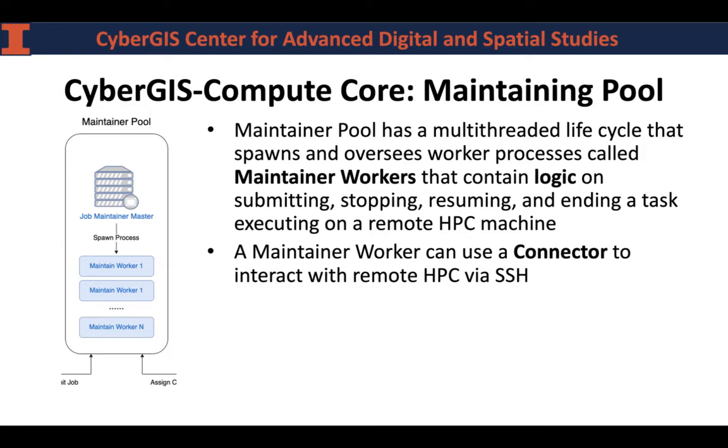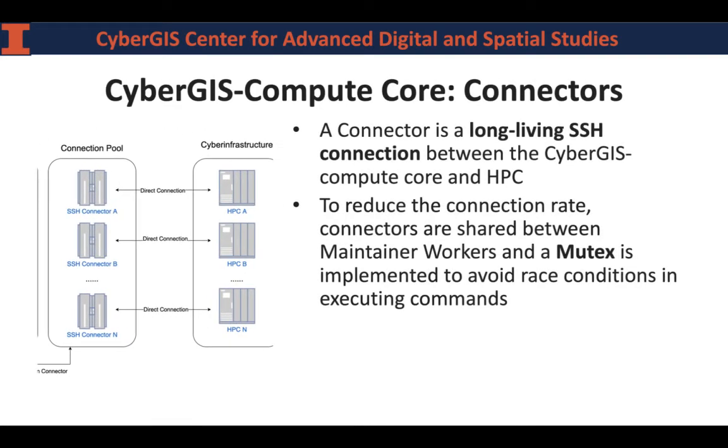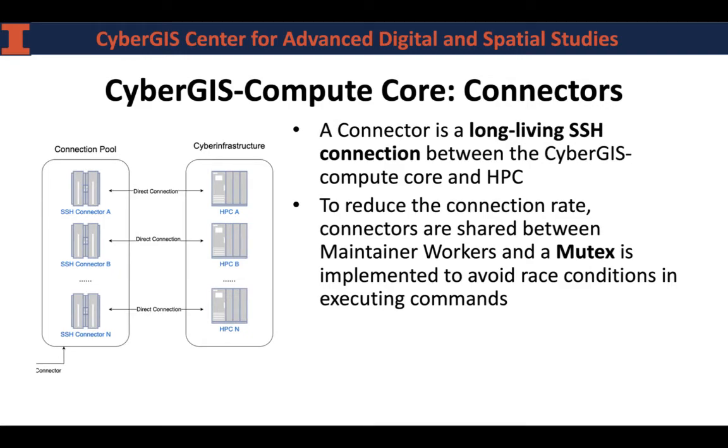So what we have is a connector pool: a list of long-living connections established between our compute core and HPC. Whenever a maintainer needs to do a task on a particular HPC, it gets the appropriate connector, executes that task, and releases it.